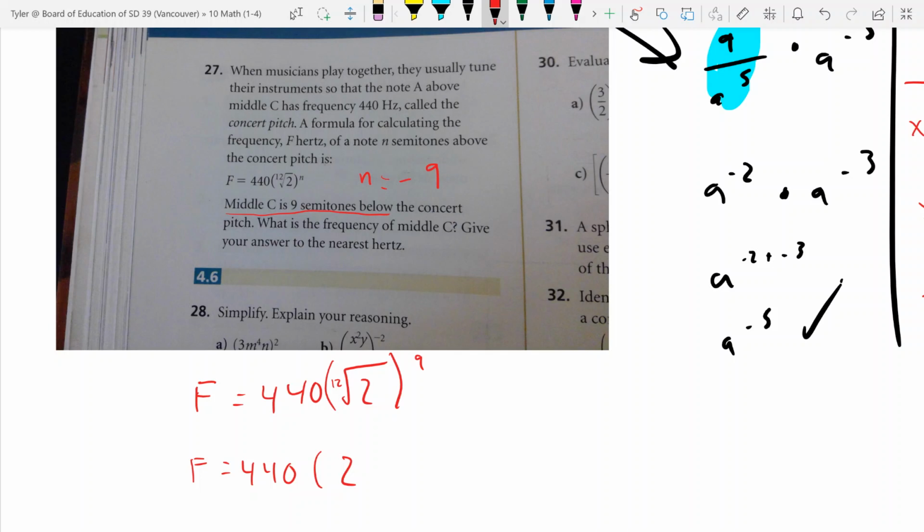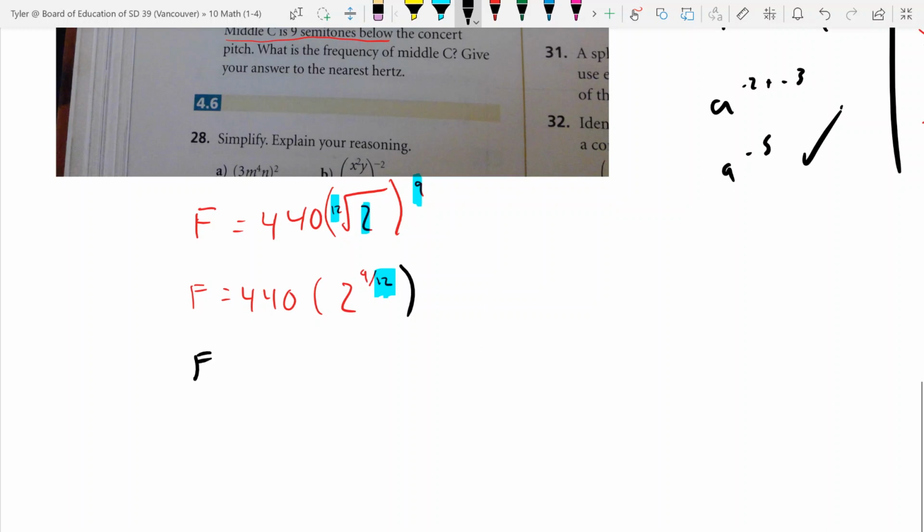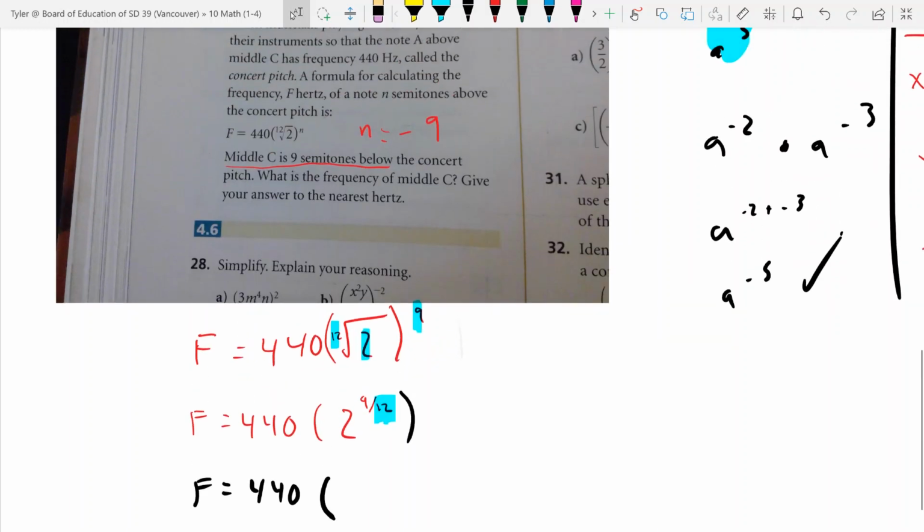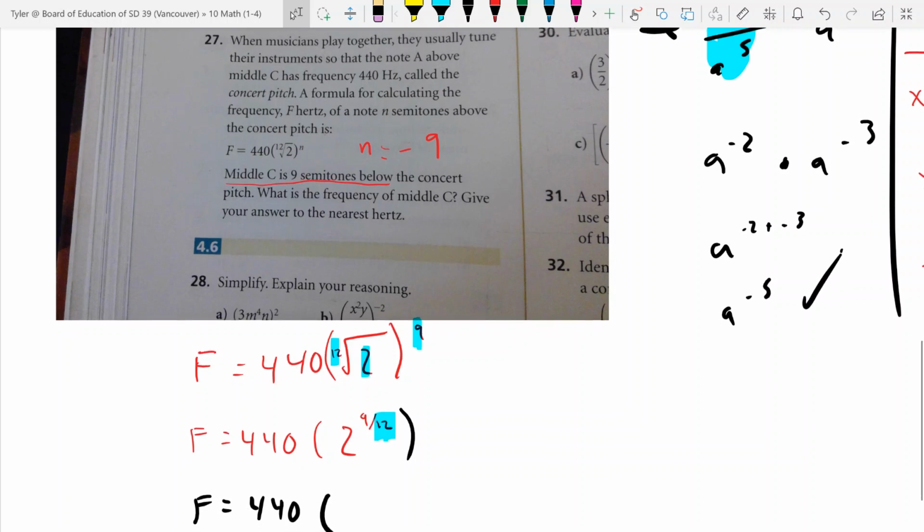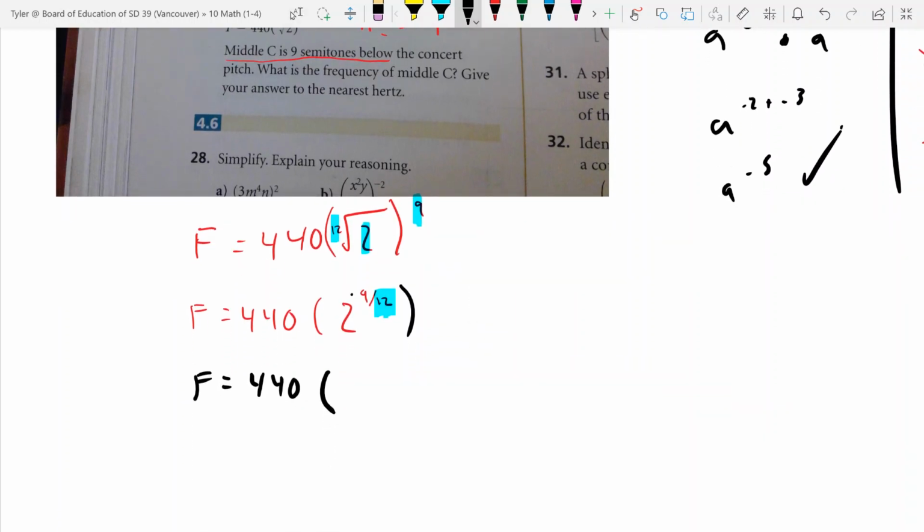2 to the power of 9 over 12. Because the 9 got applied and the 12 became the denominator because it's rooted. Okay? I can actually simplify this. So it becomes f equals 440 to the power of negative 9.